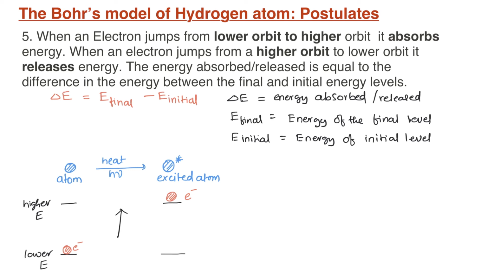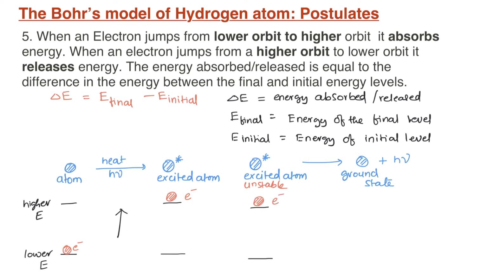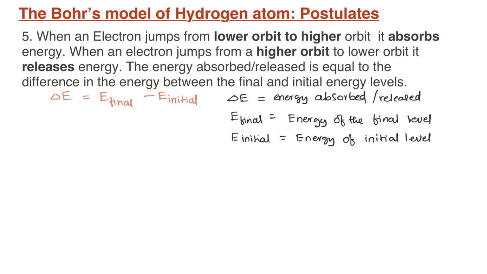For an emission spectrum, we said that the excited atoms, which are unstable, release energy and come back to the ground state. This released energy is a result of an electron jump from a higher energy level to a lower energy level inside the atom. This also explains why the absorption and emission spectrum of an atom are photographic negatives of each other.